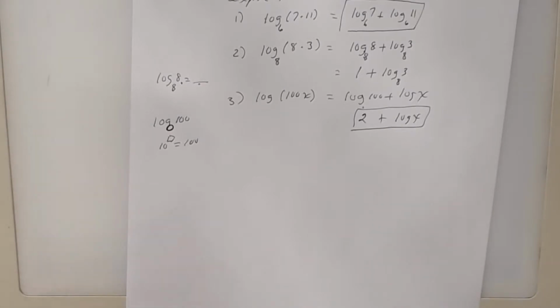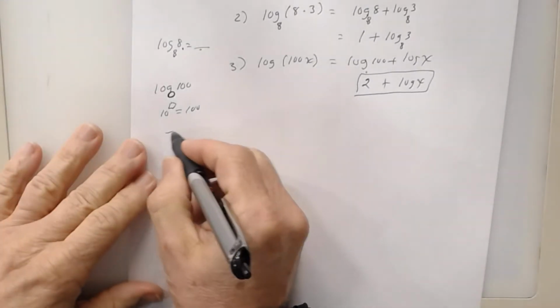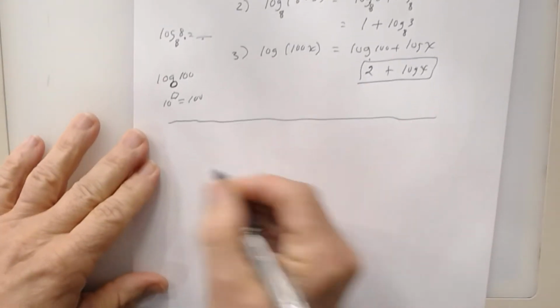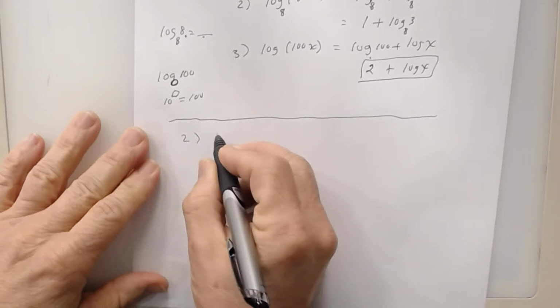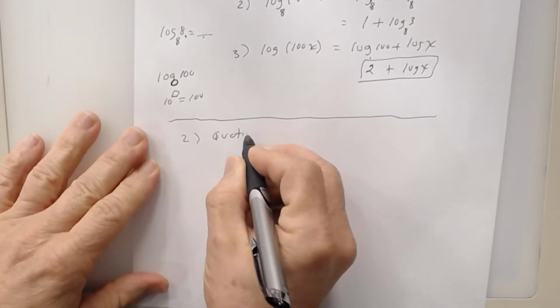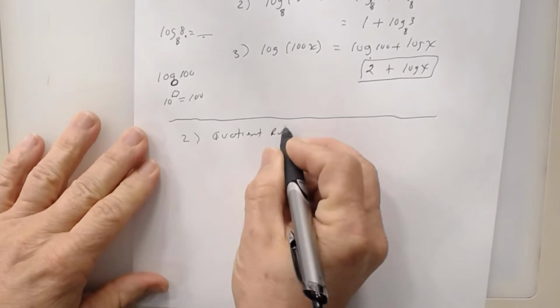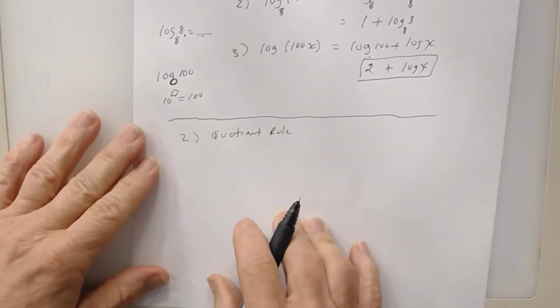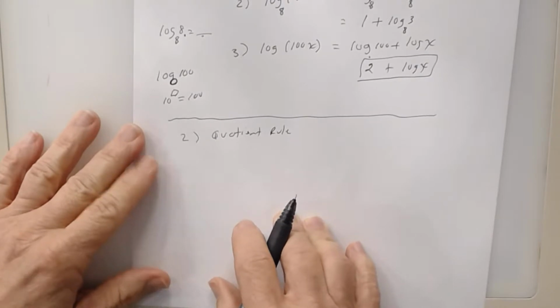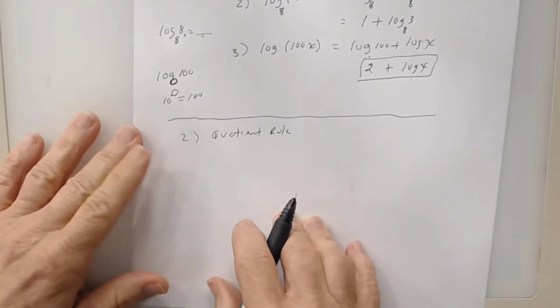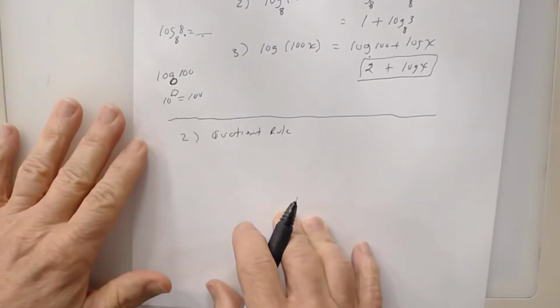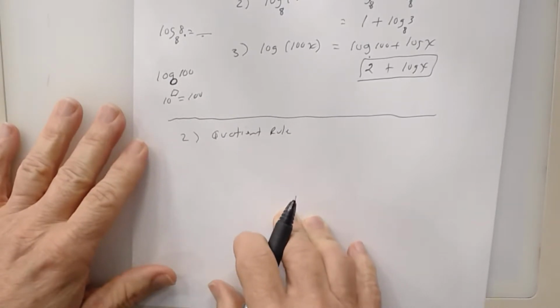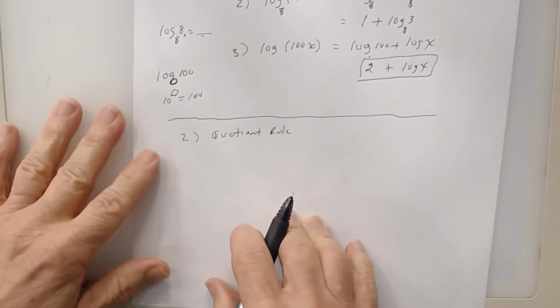All right, now let's look at this rule. Quotient rule. You dealt with the quotient rule in Math 98, and you looked at it also in Math 99 with negative exponents.